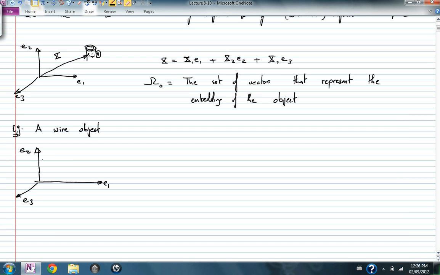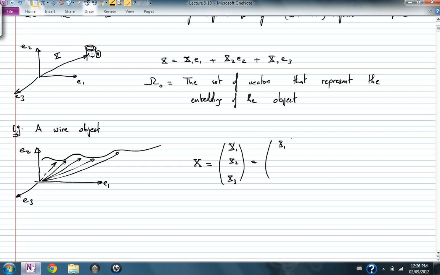A wire object is made out of a set of vectors that give me this wire, and this set of vectors can be written as capital X, with 3 components, and each component is a function of one parameter, which could be any generic parameter, for example, the length of this wire.